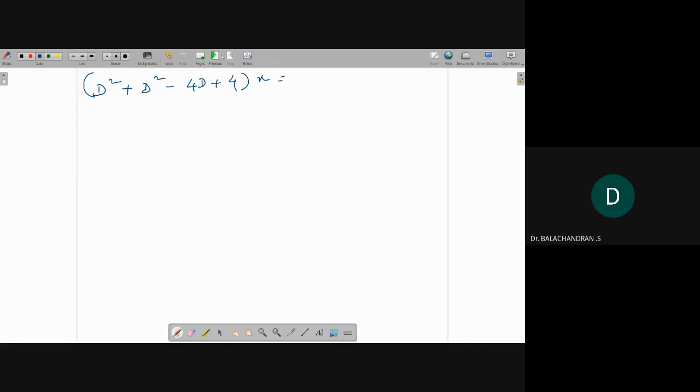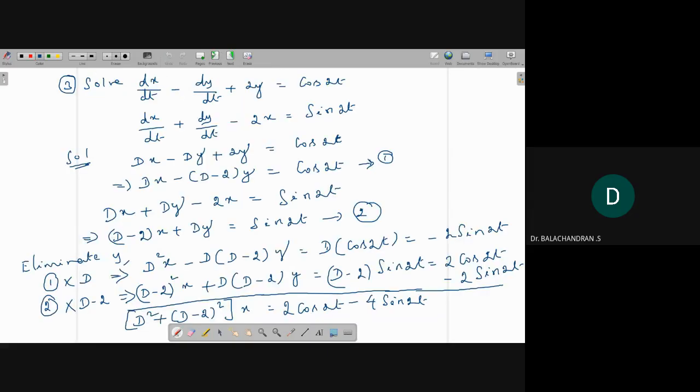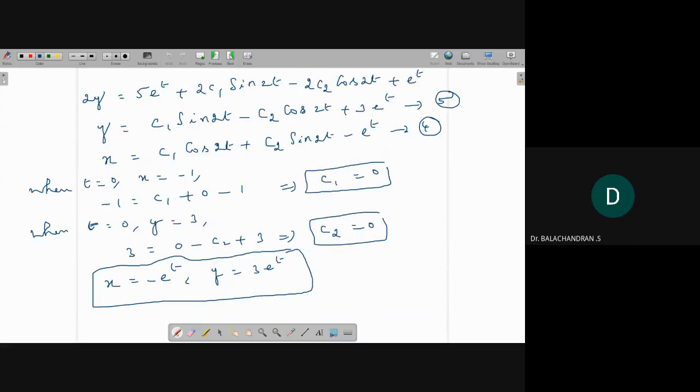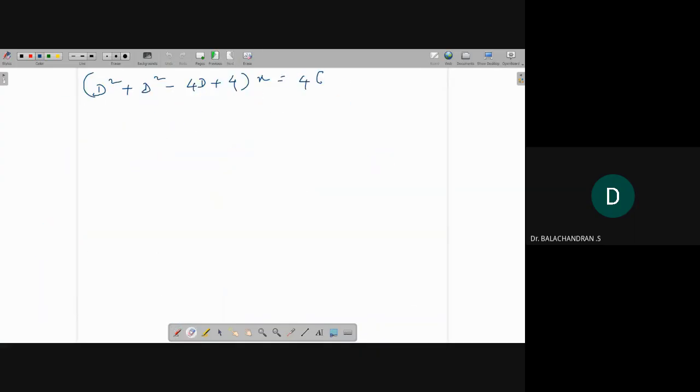The right hand side is 2 cos 2t minus 4 sine 2t. So throughout divide by 2.